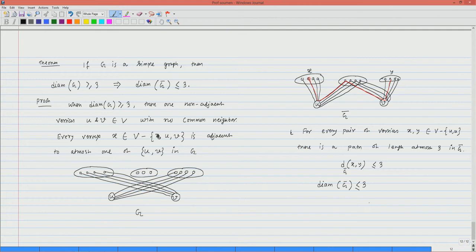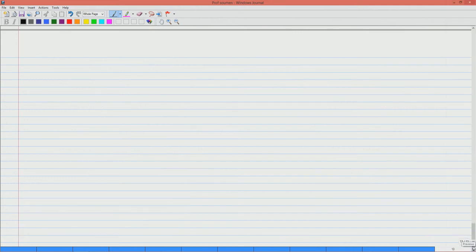Okay. So, next we prove another result related to the diameter of graph, another theorem. This is slightly complicated compared to the previous one.